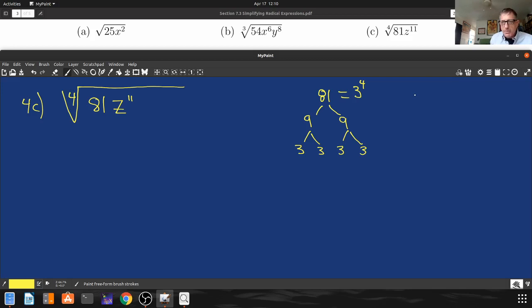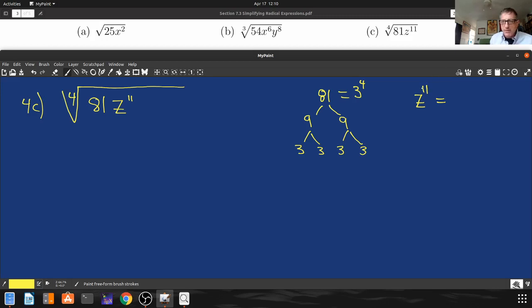Now what do I do with my z to the 11th? Well, let me write that a little bit better. They scooted together too much. Z to the 11th. So what I want to do is ask, what is the closest number less than 11 that is easily divisible by 4?